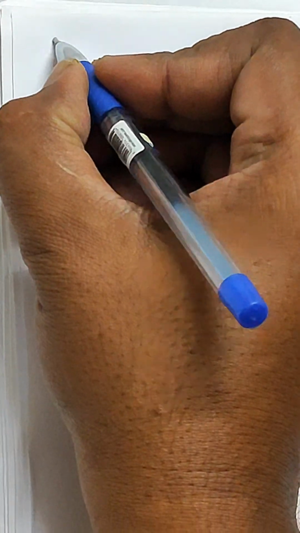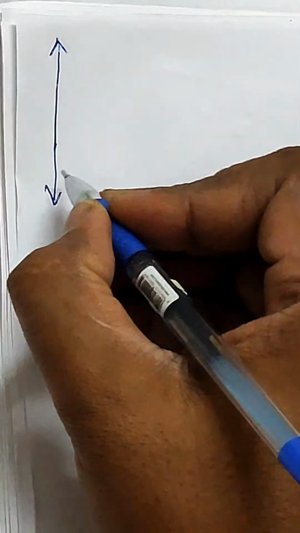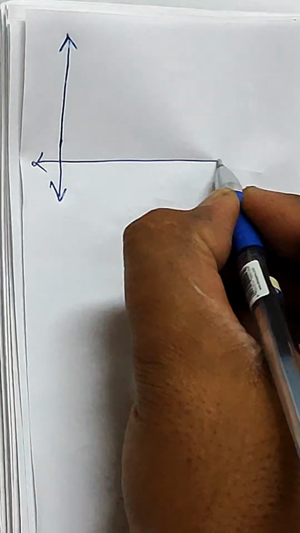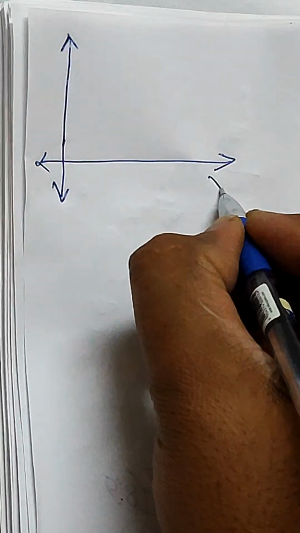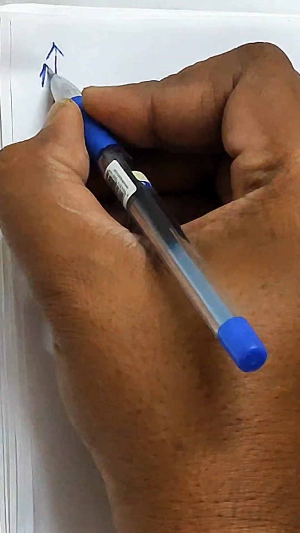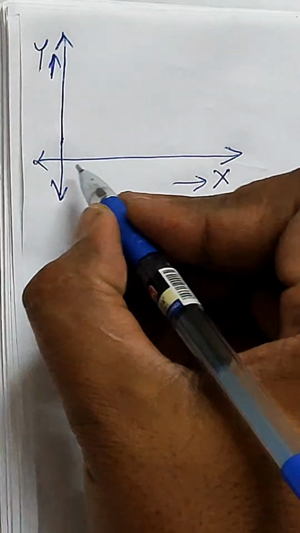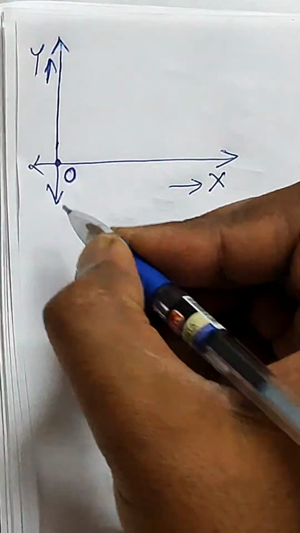Just plot the x and y axis, our xy plane. If this is the xy plane, this is towards x and this is towards y, then you can see this will be the origin.